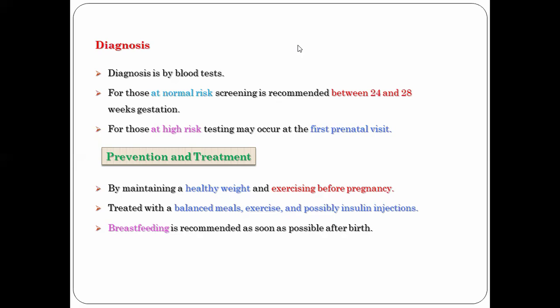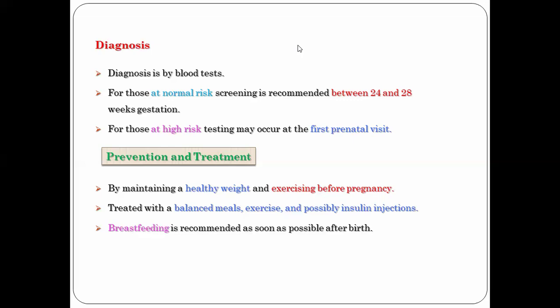But the good thing is that every doctor, every clinician, every gynecologist is prescribing the test. At least blood sugar or urine sugar should be done, and they prefer it at each and every visit.